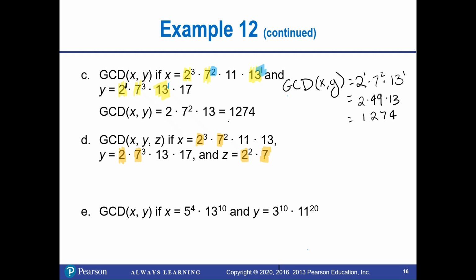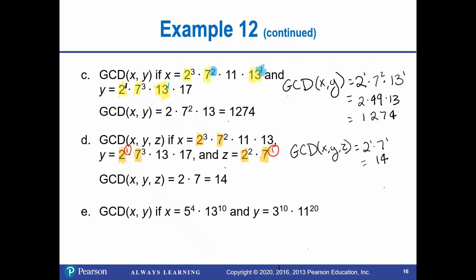But those are all of the shared factors because z doesn't have any more factors, so it can't share any of the other factors. Now I'm going to look for the lowest powers of these factors. So 2 has a secret exponent of 1 in y, and 7 has a secret hidden exponent of 1 in z. So the greatest common divisor of x, y, and z will be 2 to the 1 times 7 to the 1, or 14.